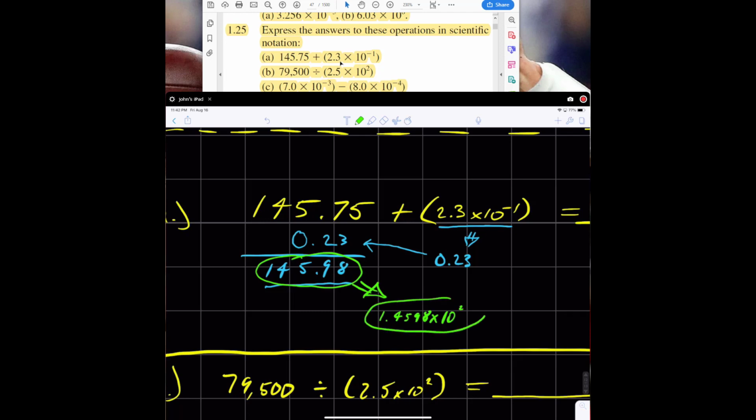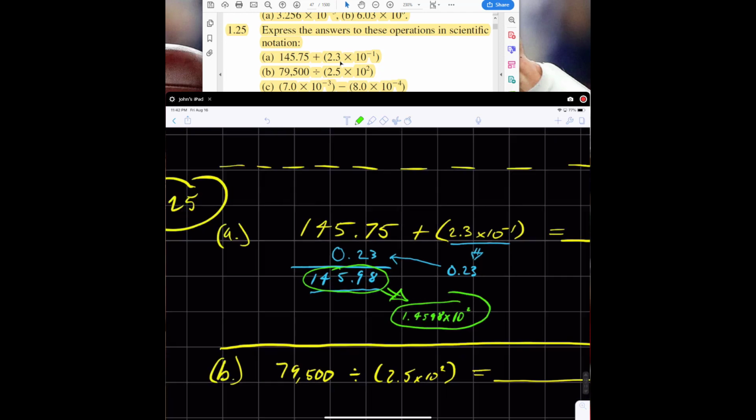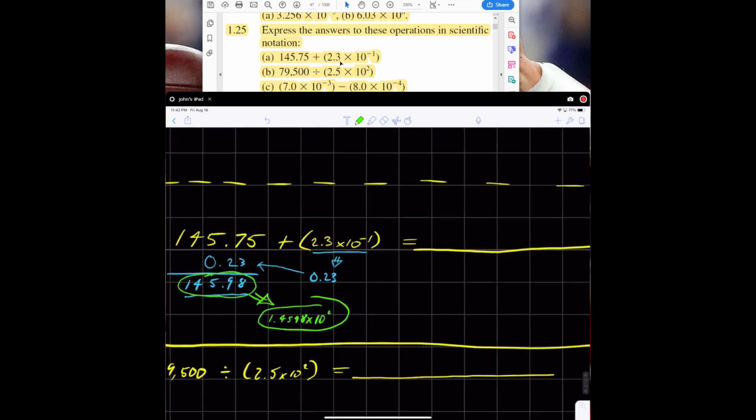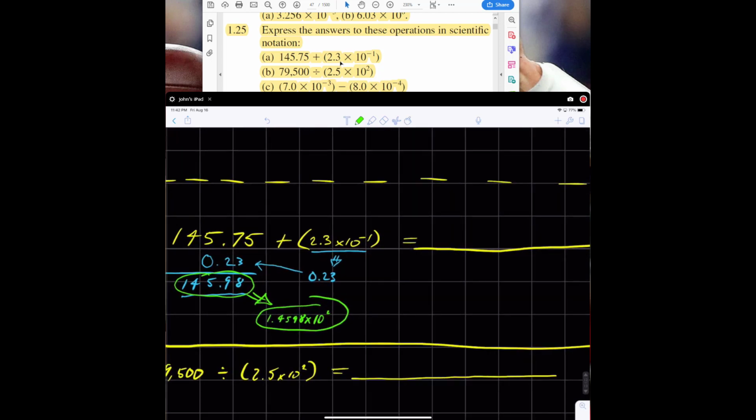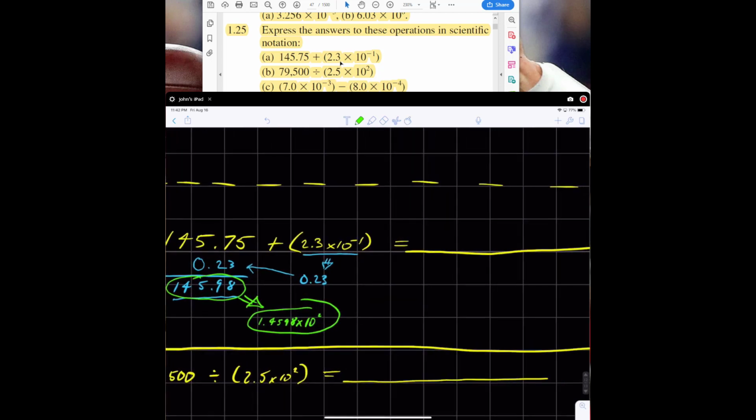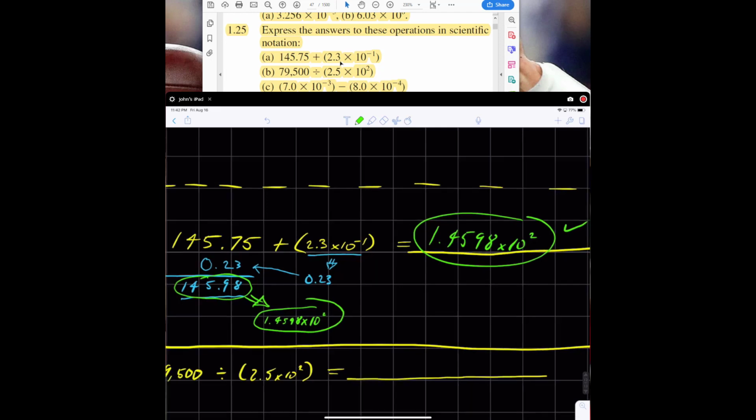Okay? So that means this is our answer. And going by the book and the solution, the number's correct. 1.4598 times 10 to the 2 power. Okay?